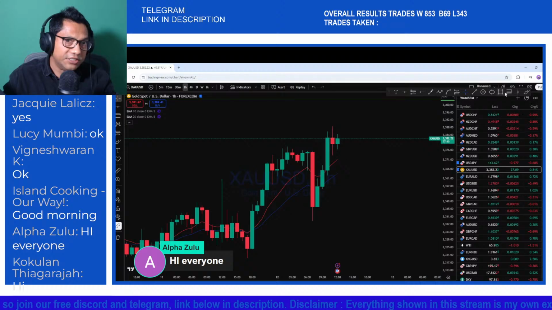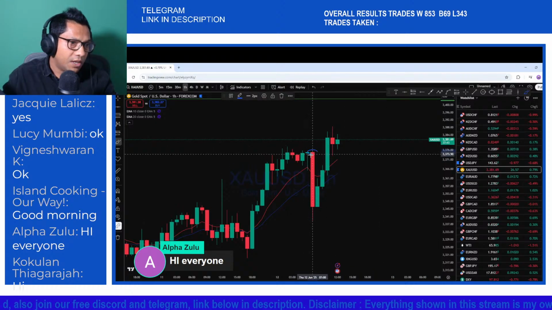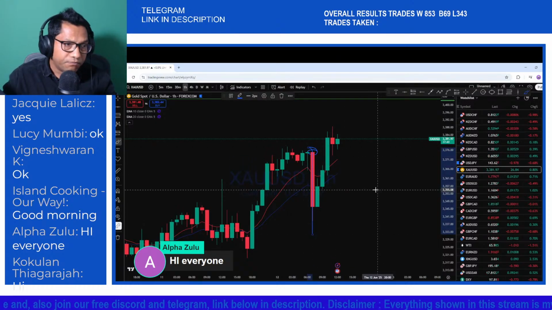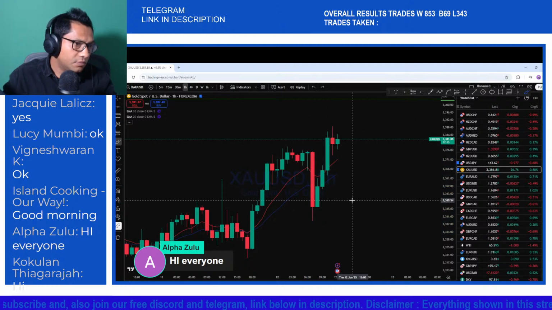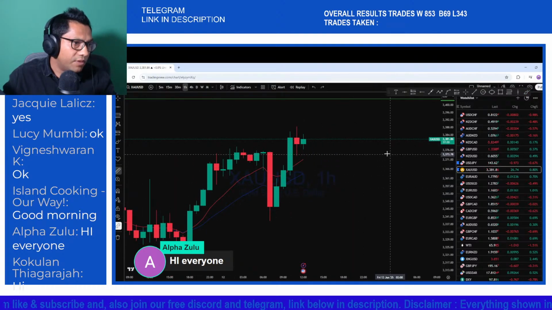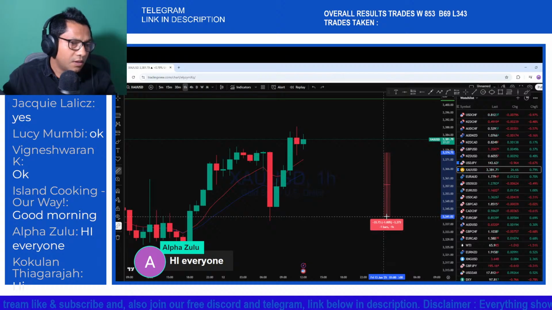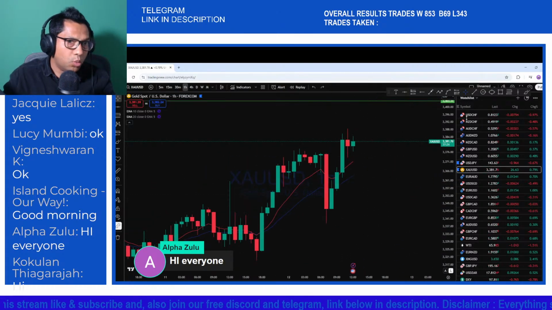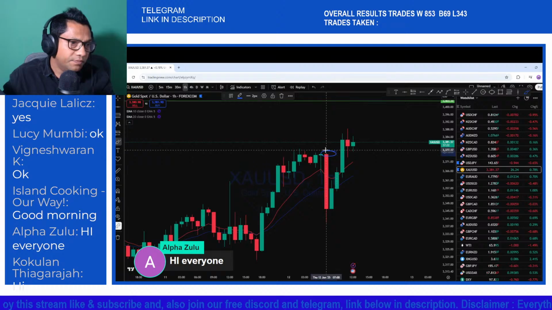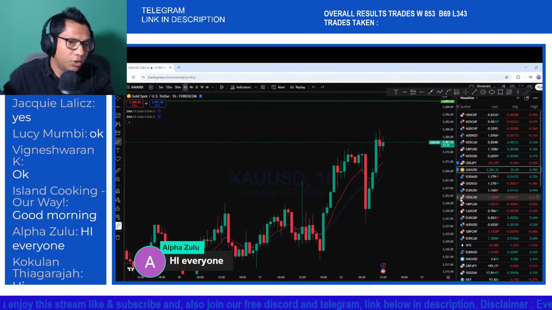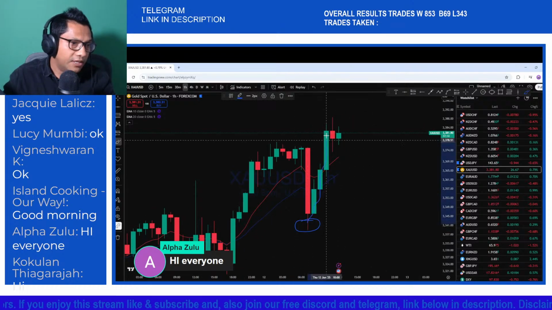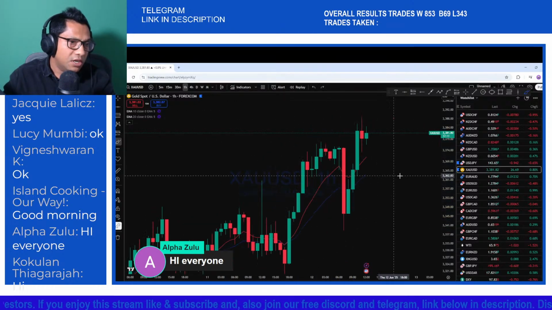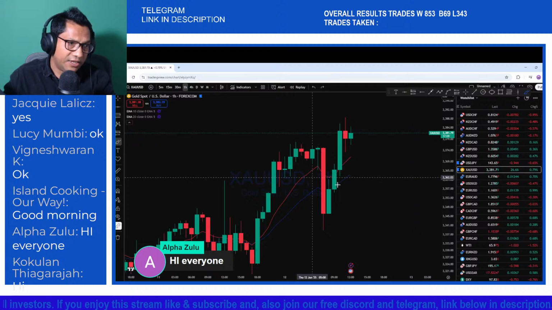This is a false breakdown: one single drop that completely broke below, grabbed the liquidity, and then returned back to the upside with another momentum to the upside.